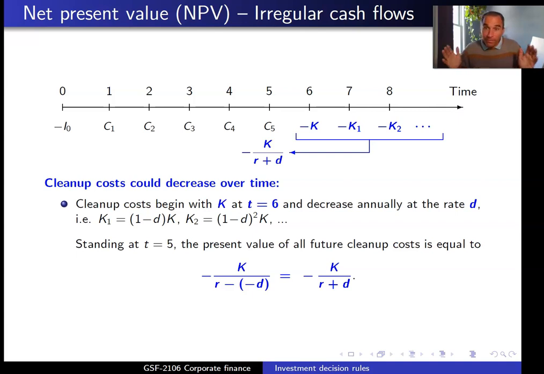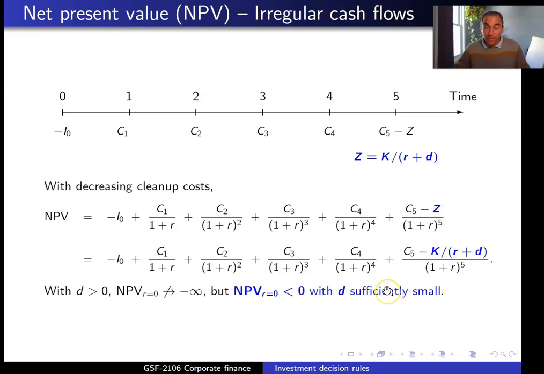It's going to be a big negative number, but it won't be minus infinity, and it could be small enough to make sure we have a positive net present value when the interest rate is equal to 0. Okay, so in this case, the NPV does not go to minus infinity when the interest rate is equal to 0, but it will be negative when D is sufficiently small.